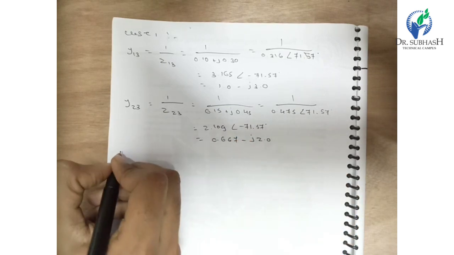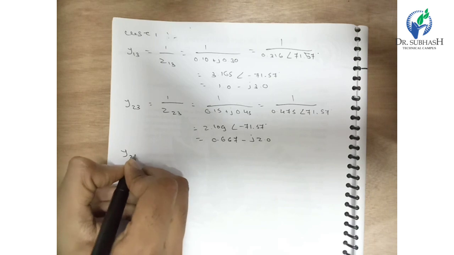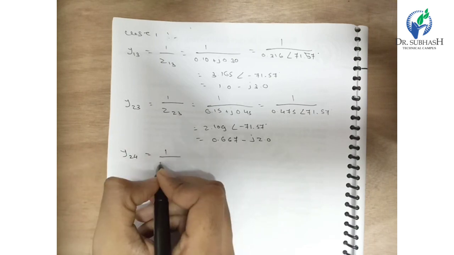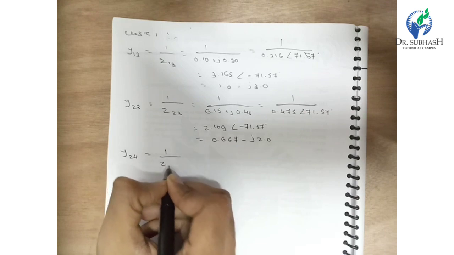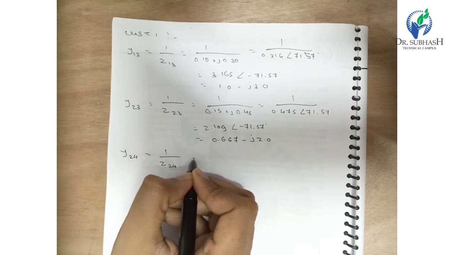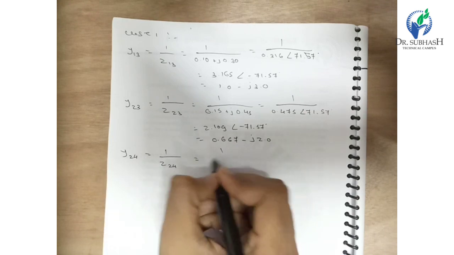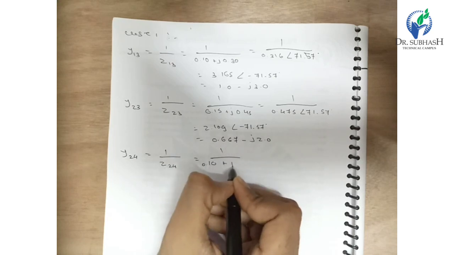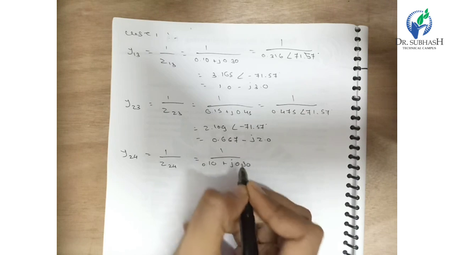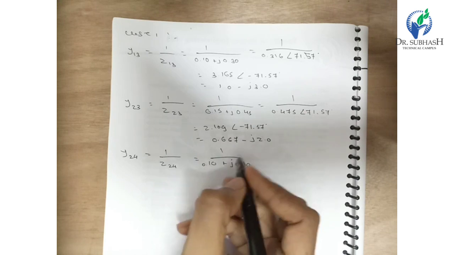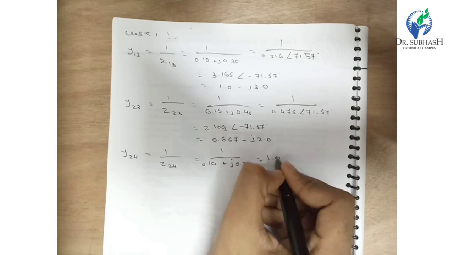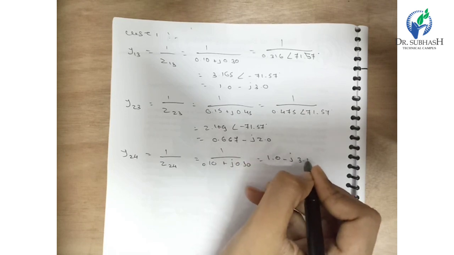The value of y24 is equal to 1 upon z24, which is 1 upon 0.10 plus j into 0.30. So the value is 1.0 minus j into 3.0.